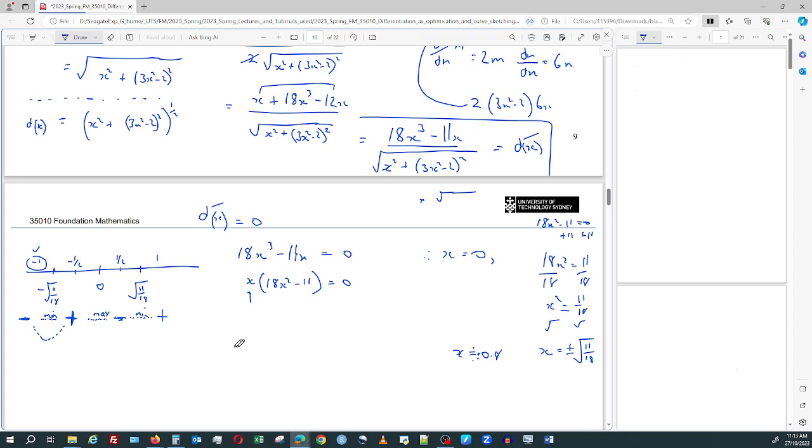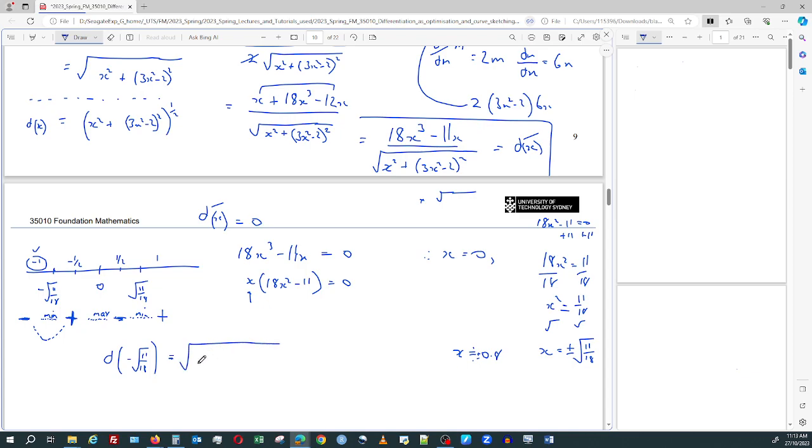It's a little bit complicated, but we have to go back to our distance equation and root 11 on 18. We'll check the minus, because it will be the same value, won't it? I think.